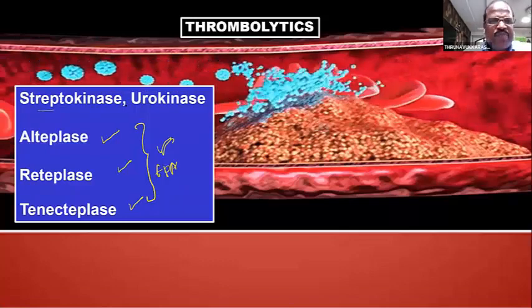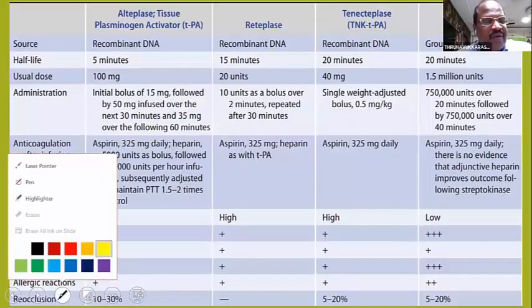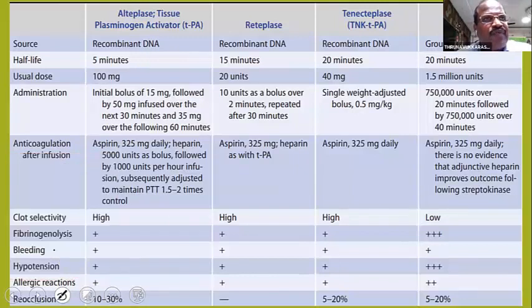Here, what is most important is that you have to compare the available thrombolytic agents. Sir has mentioned one beautiful point, that is, which are the infusion thrombolytic agents and which are the bolus thrombolytic agents. Today we have the three most important newer drugs, the tissue plasminogen activators, namely alteplase, reteplase, and tenecteplase.